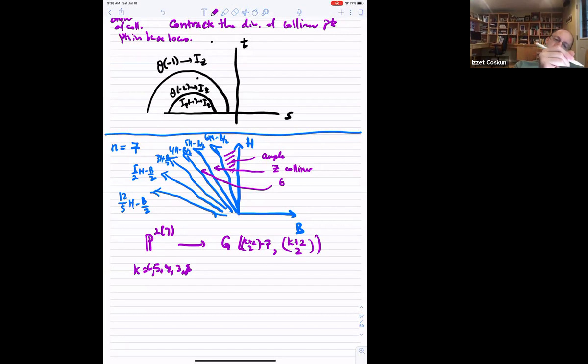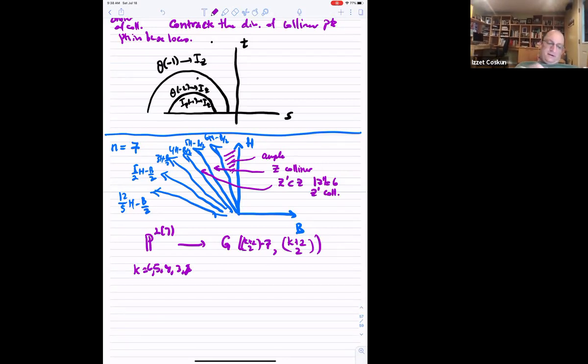So you have a subscheme of length 6 that's collinear. Not surprisingly, here you have 5 of the points collinear. So you have a Z' in Z, the length of Z' is 5 and Z' is collinear.